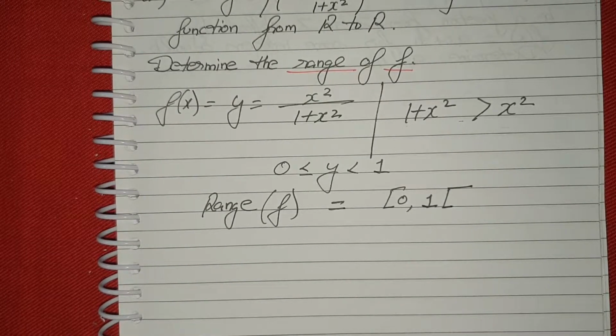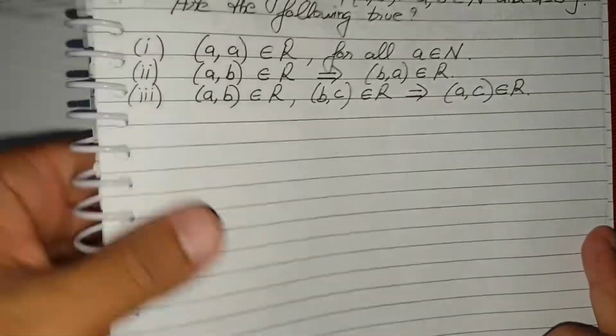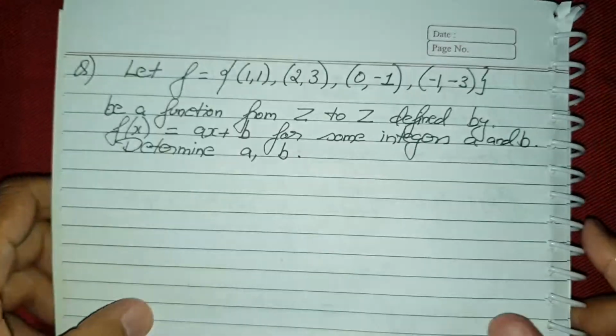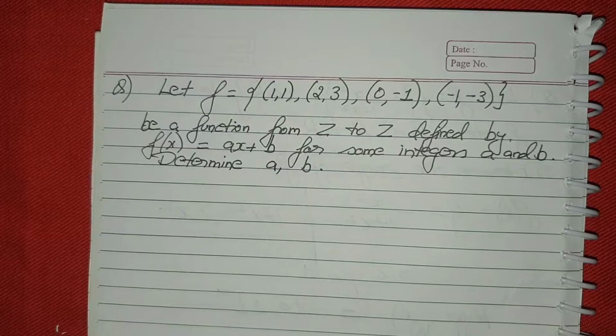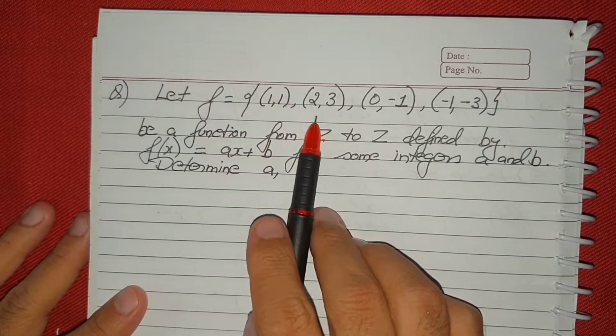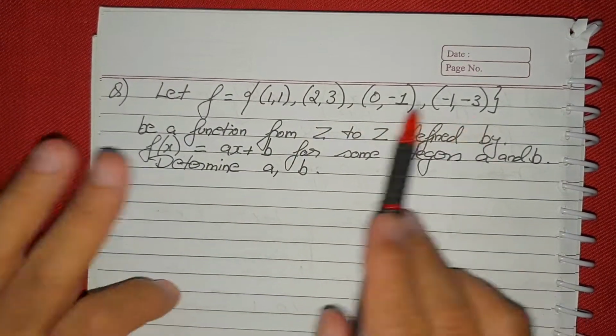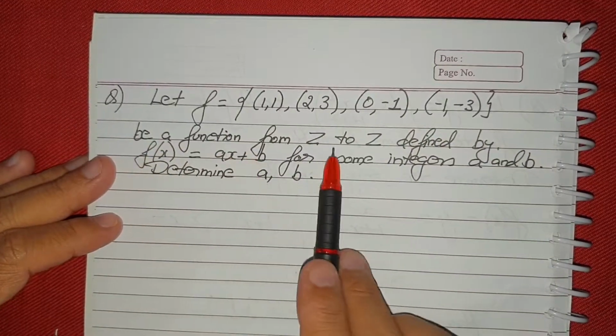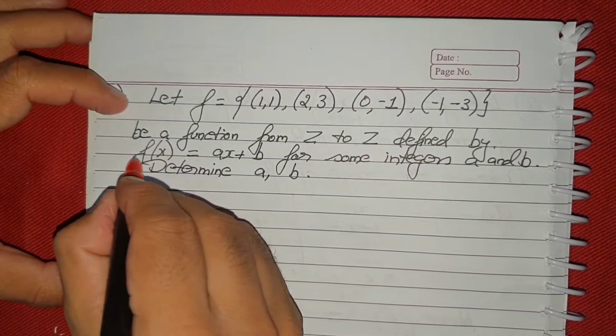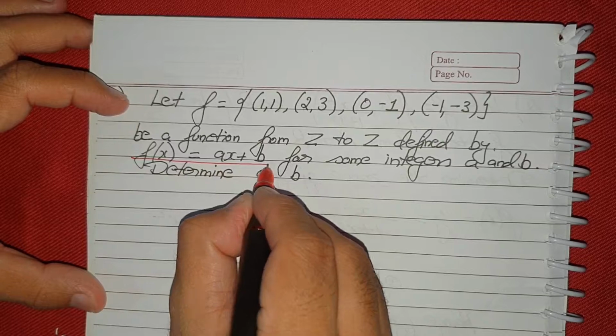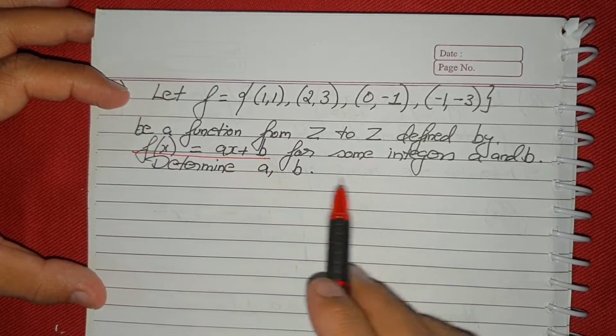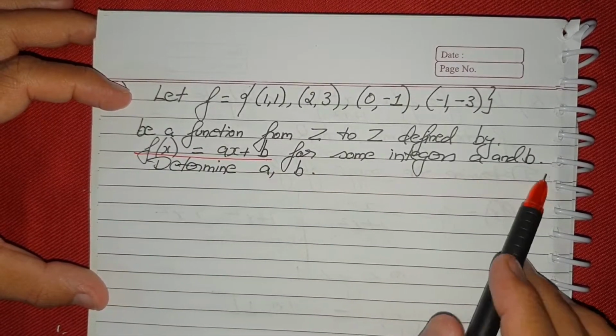Okay, our next example. Now this is given to you. f is {(1, 1), (2, 3), (0, -1), (-1, -3)}. This is a function. Let f be a function from Z to Z defined by f(x) is ax plus b, for some integers a and b.